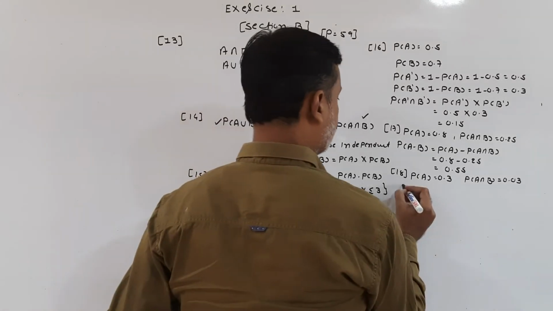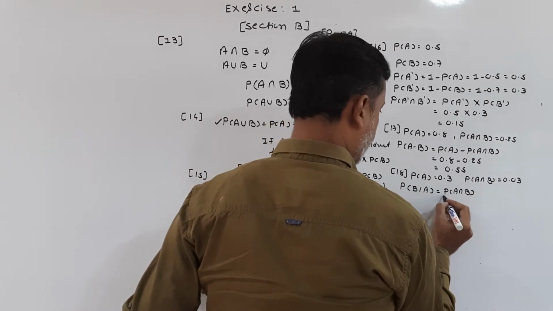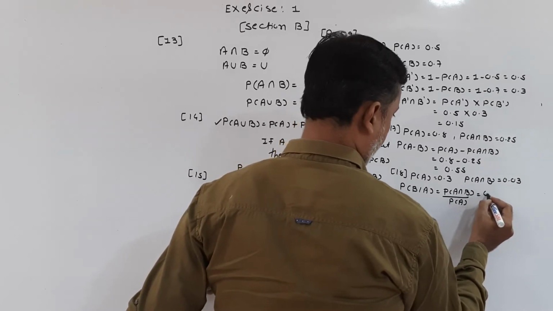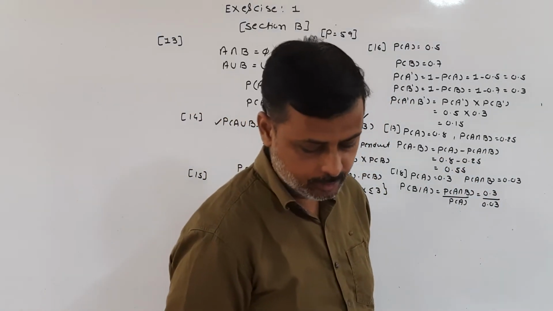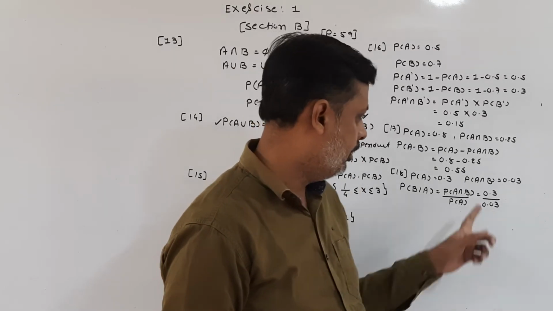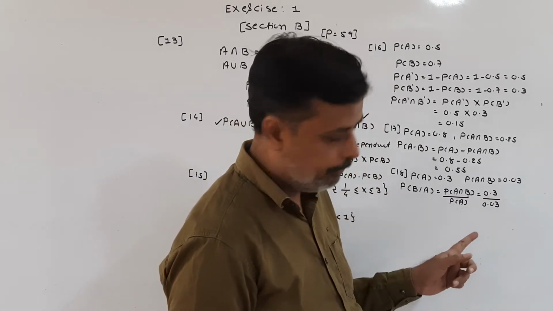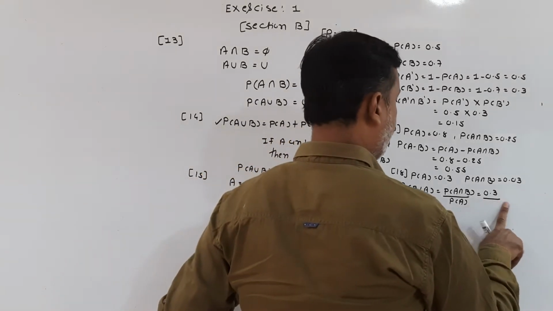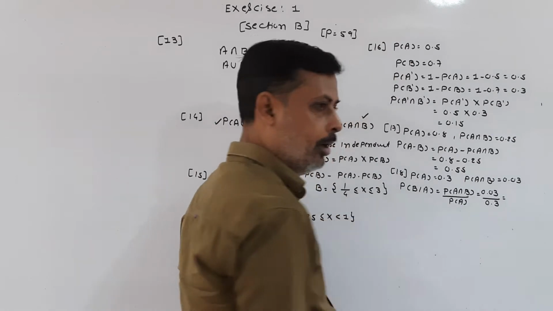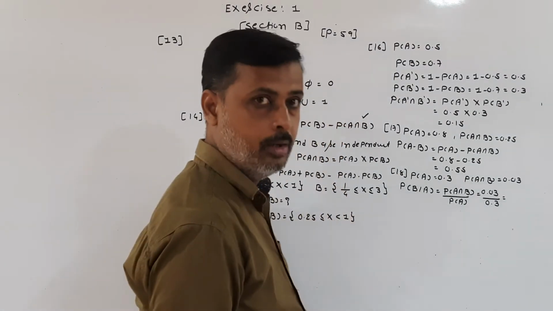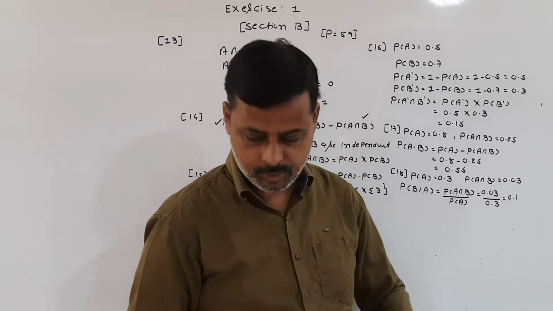B upon A is P of A intersection B upon P of A, 0.03 divided by 0.3. So the answer is 0.1.